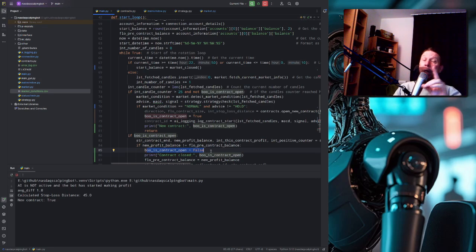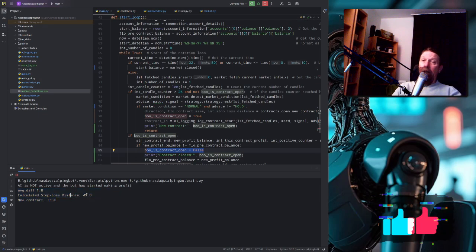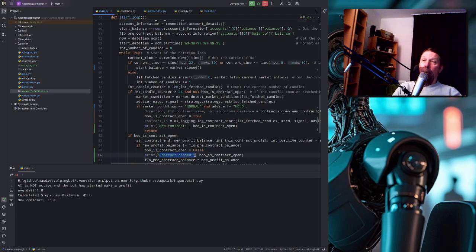Yesterday it was opening several, so there was something wrong. Now, for today, if you look down here at the print, he opened one position today, one contract with a stop loss distance of 45, and then a new contract true. What I do not see is the contract closed.